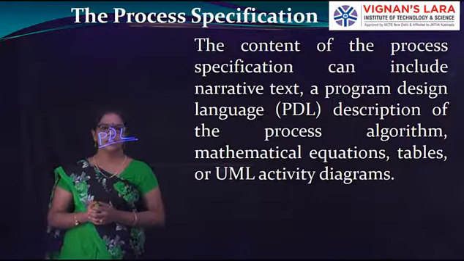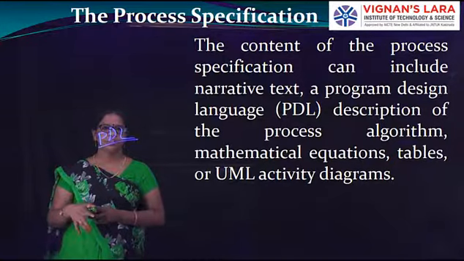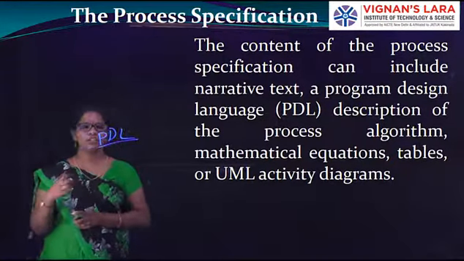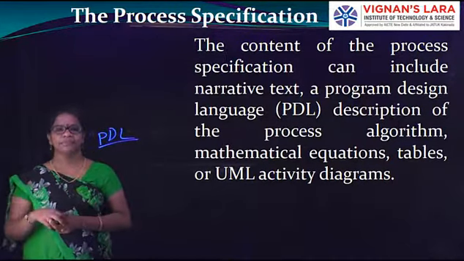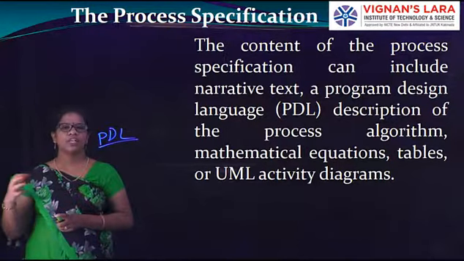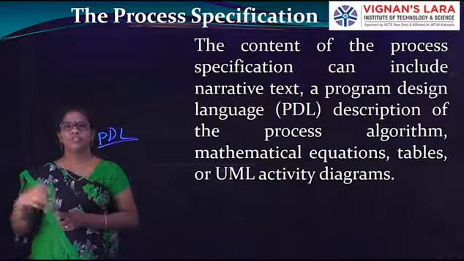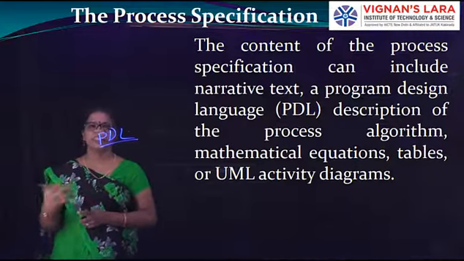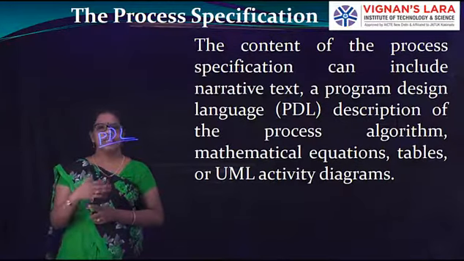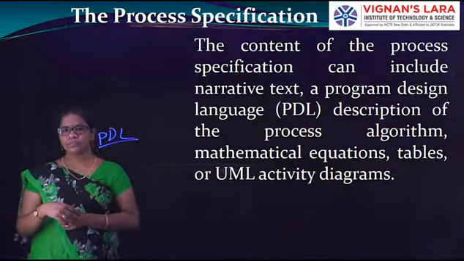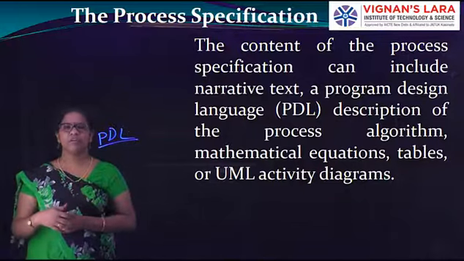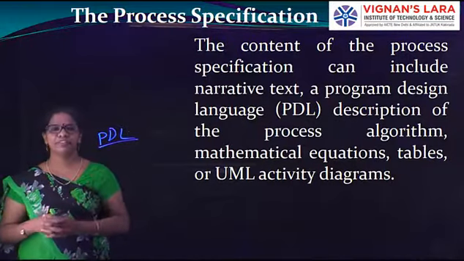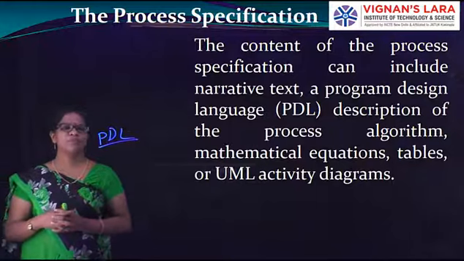In this process specification, the main content is mostly some text. Text means what process is going on here, what are the different models we are considering. Then the program design language: in order to design this software, whatever programming languages you are using, we have to specify that.